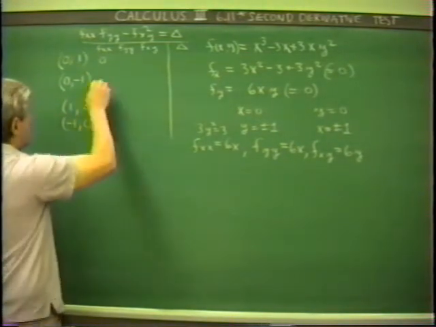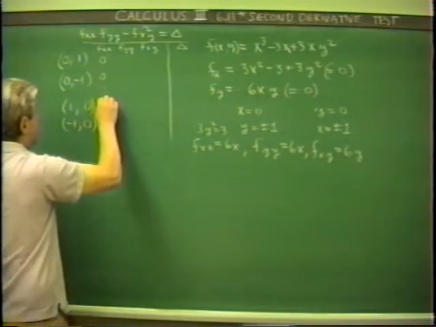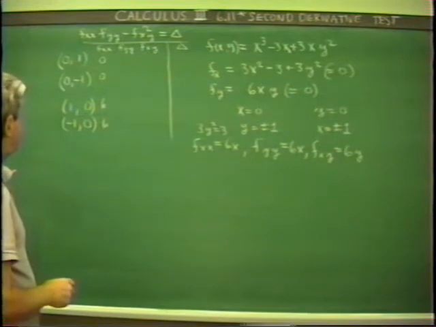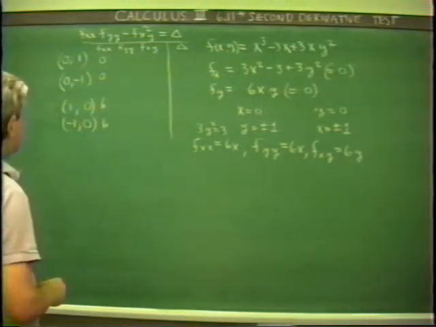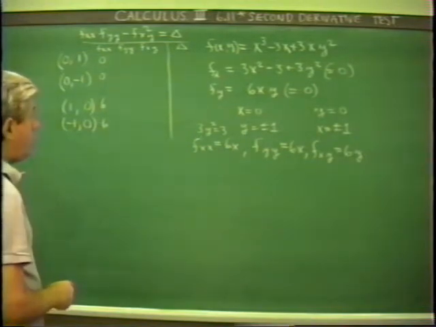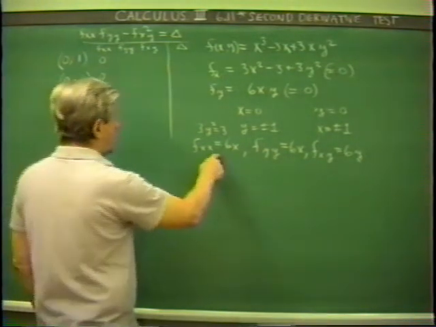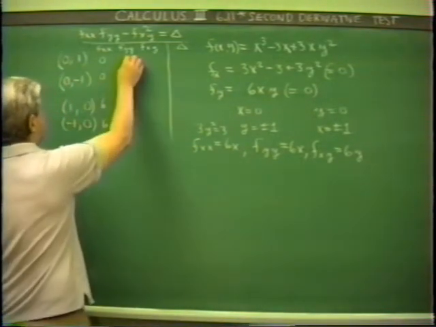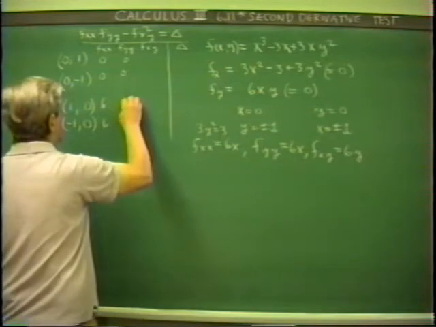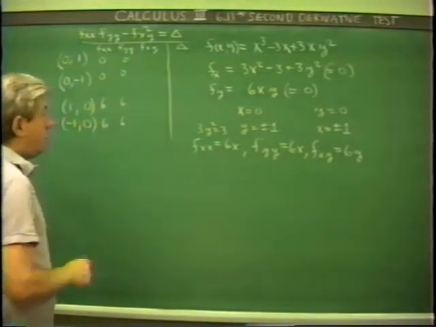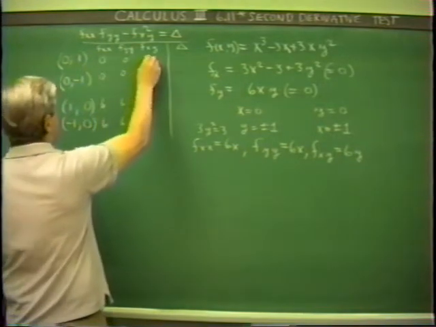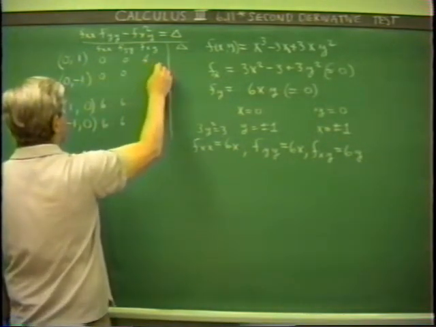All right. So at these various points, the partial with respect to x and then with respect to x is 6 times the x value. So here it's 0, 0, 6, 6. The partial with respect to y and then with respect to y is going to be 6x, so it's going to be 0, 0, 6, 6.